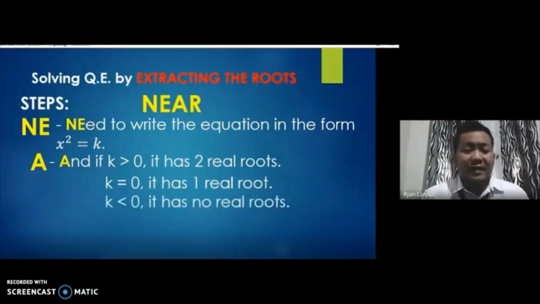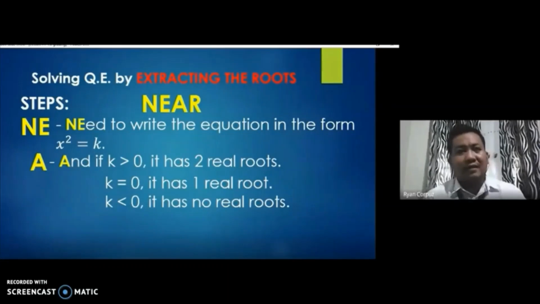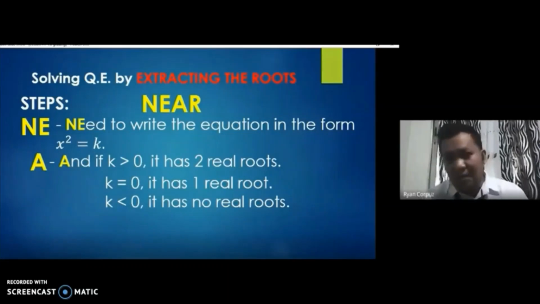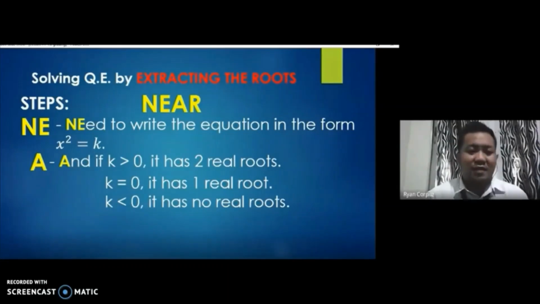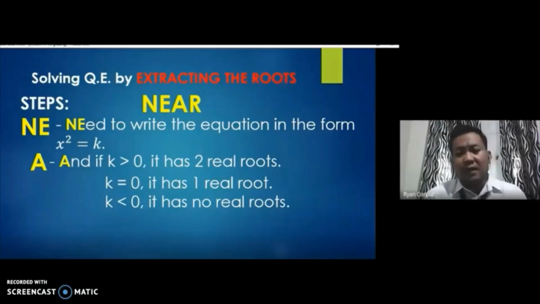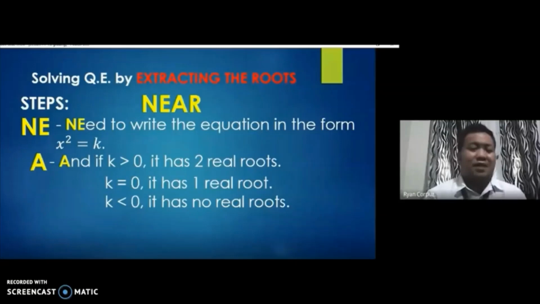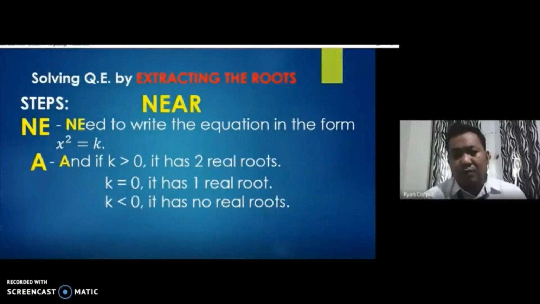Then if your k is less than 0, it has no real roots, because that's an imaginary number. If your k is less than 0, meaning it's negative, it has no real roots. Since we are not yet dealing with imaginary numbers, if we encounter an equation whose k is less than 0, we are not going to solve it by extracting the roots.